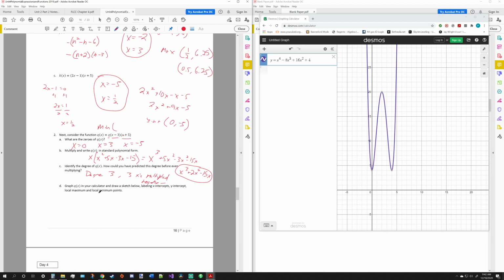So to do that, remember you're going to have to just use your calculator to find min and max points. X-intercepts, y-intercepts, we should be able to identify from factored form. We have them right here labeled. We have a y-intercept that we can identify from the standard form because there is no constant term here, so the y-intercept would be 0, and so on.